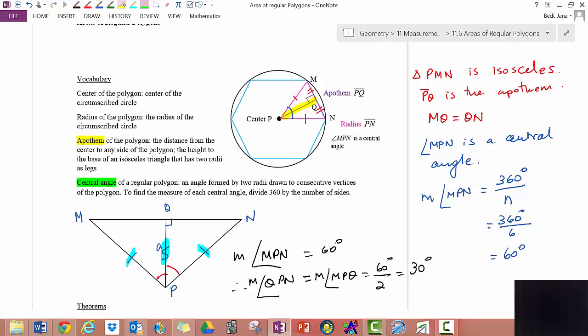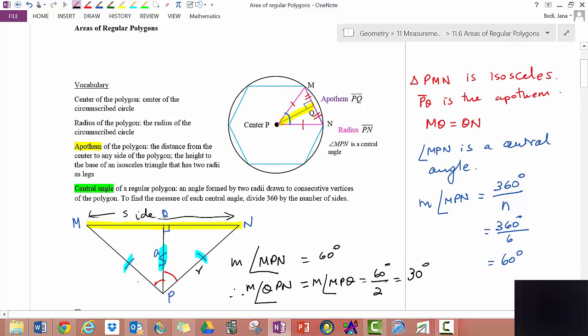Okay, MN is the side, and I'm going to label this. This is the side from here to here, and these are radii, R and R for radius. Okay, just so that you remember. So these angles are now 30 degrees each. You are going to remember these are angles that are more complicated.